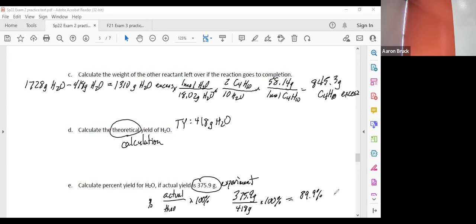But the reason I went through all of it was they all inform each other. Ultimately, to do percent yield, you need a theoretical yield and an actual yield. The actual yield was given to us. We had to calculate the theoretical. And with that theoretical yield, we could then calculate the percent.